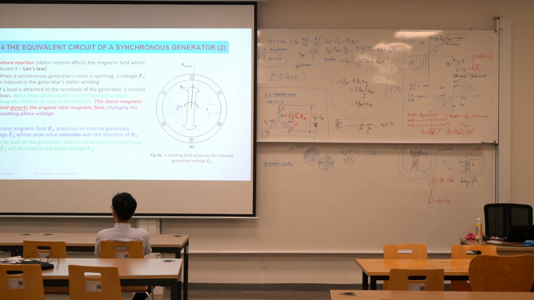This is the rotor, this is the stator. I would like to make a Y connection at the stator. So A connects to B, connects to C, and connects to the ground. And this is the output, right? This is the output A.